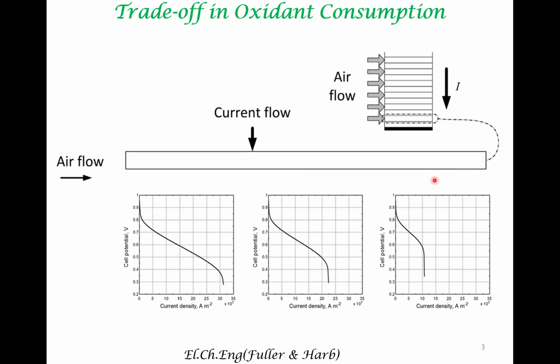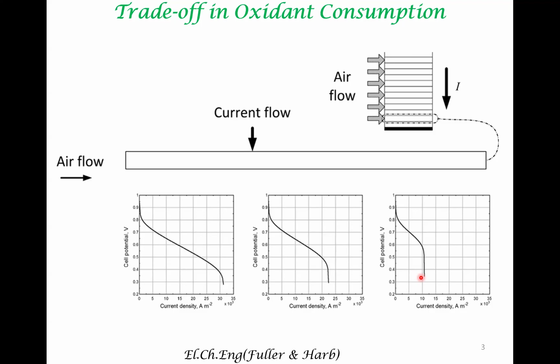A very, very limited amount of oxygen is available as you get to limiting current density. So you do not want to be operating in these regions because here the overpotential losses are significant. This points to the trade-off that is involved in oxidant utilization.